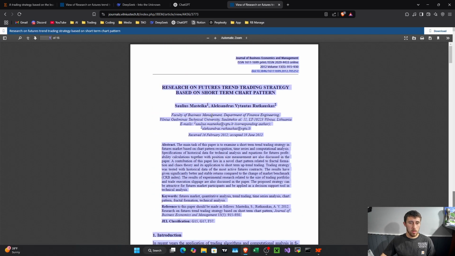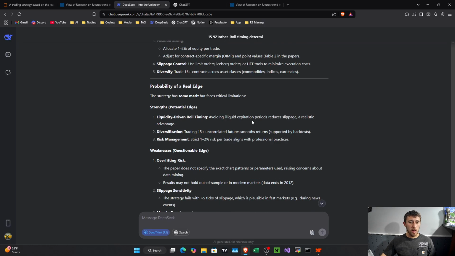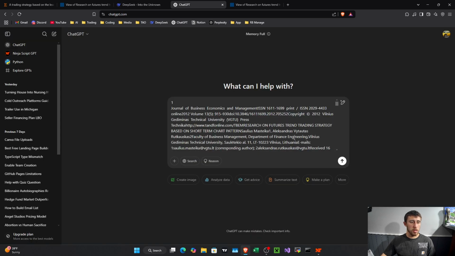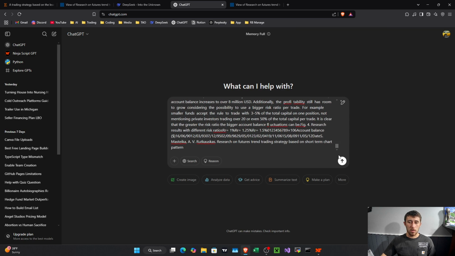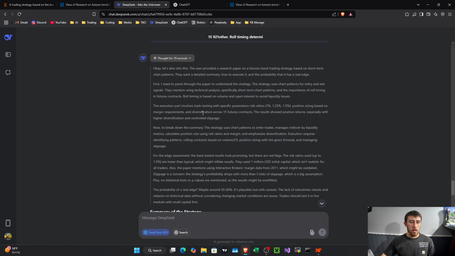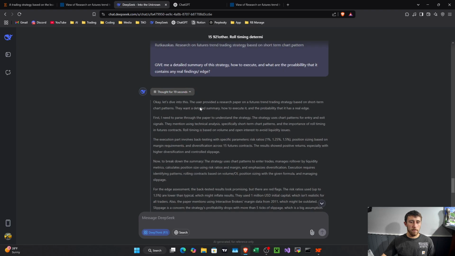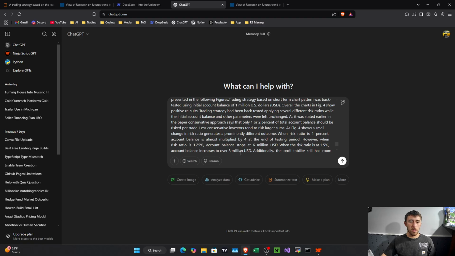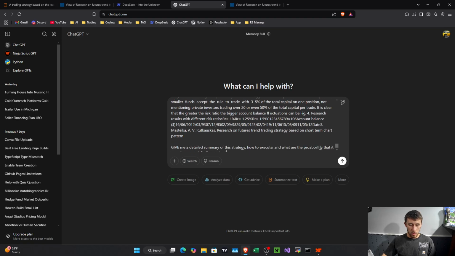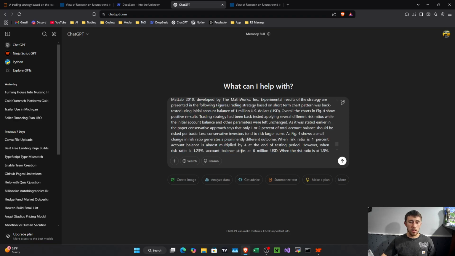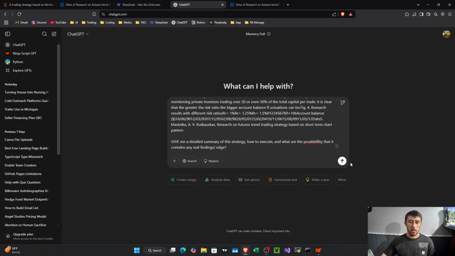So what we're going to do, copy everything, and I already put it into DeepSeek. We're also going to put it into ChatGPT. We're just going to paste. Hopefully it lets us. And then I like to also put this in at the end. So we want a detailed summary of the strategy, how to execute it, and the probability that it contains any real edge or findings.